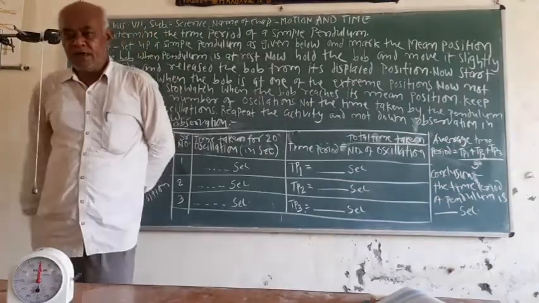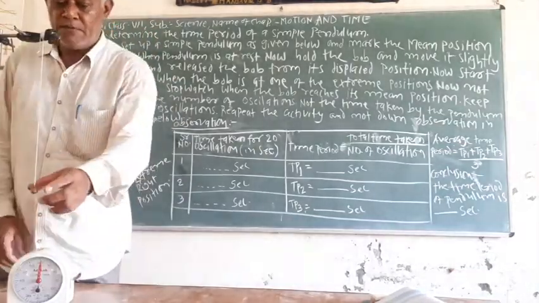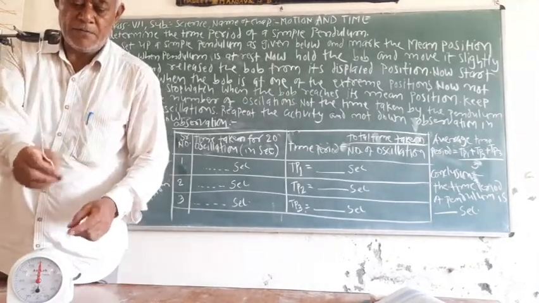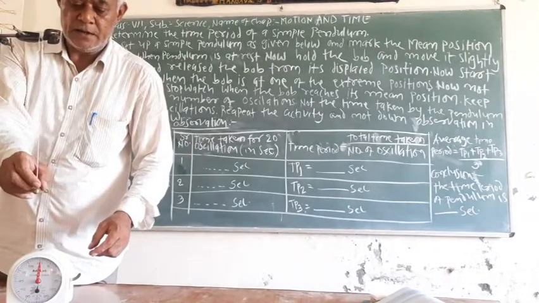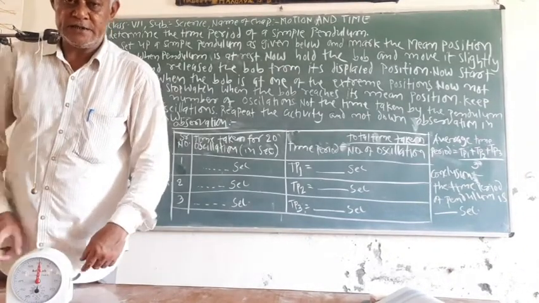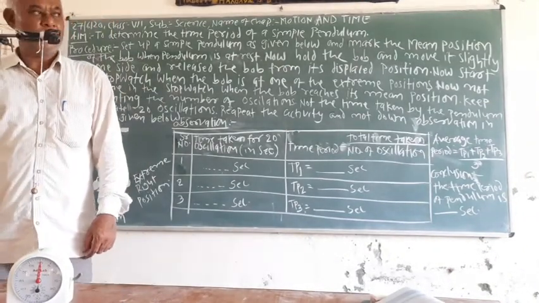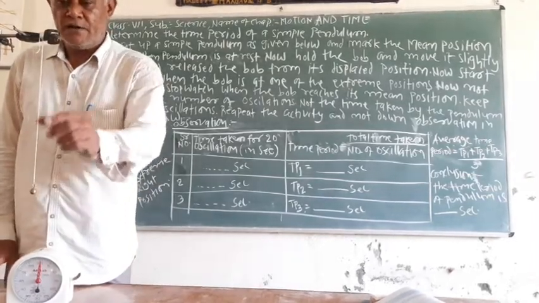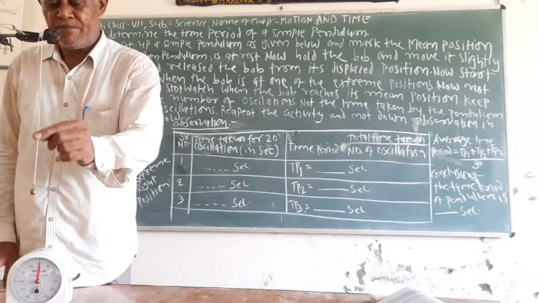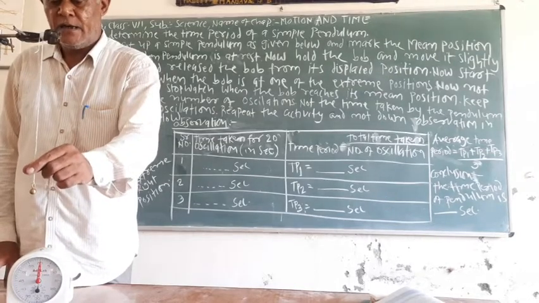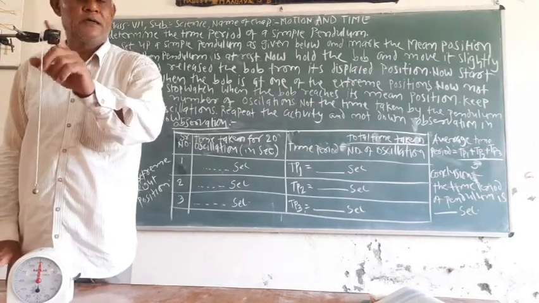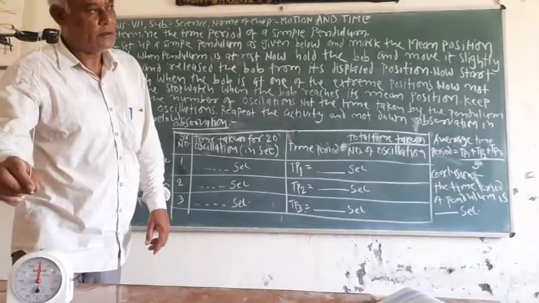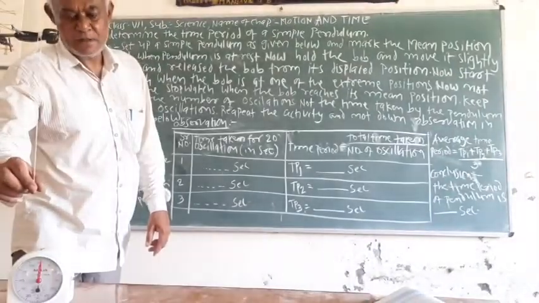Now, you see the simple pendulum, that is a bob, and the bob is in its rest position, that is the mean position, tied with a thread and hung on a rigid support, that is, we hang it on the stand.